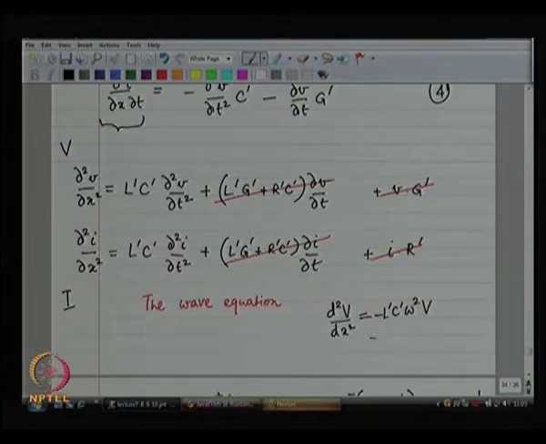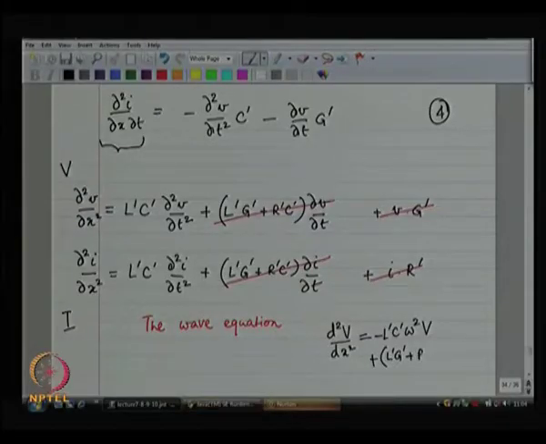And the second term will give you, what is the first derivative of the phasor V?